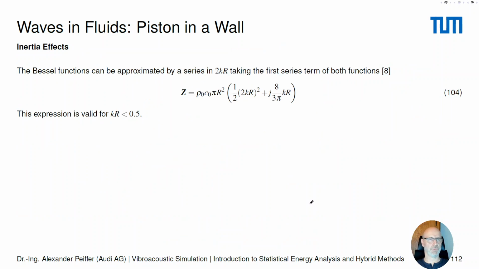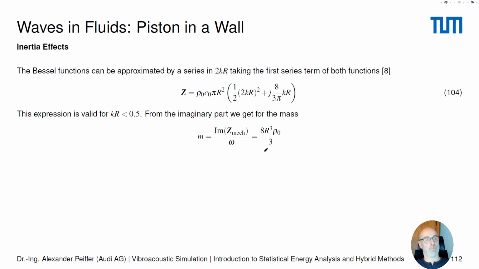To give you some ideas about the sound field and, for instance, of the inertia effects, we take the derived radiation impedance and take a series development of the Bessel and Hankel functions. If we do so, we get this expression, which is valid for kr much smaller than 1, so smaller than a half in this case.